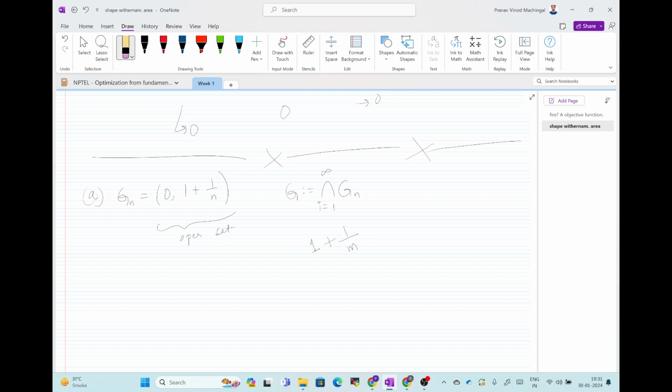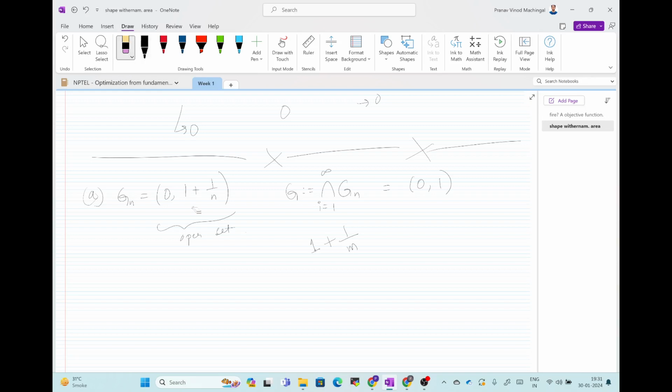So it will still be limiting to one only, no? So 1 will be included or excluded. One should still be excluded. Why? It's still an open set of 1 plus 1 by n, no? You are saying this will be equal to 0 comma 1. Yeah, that is hypothesis.